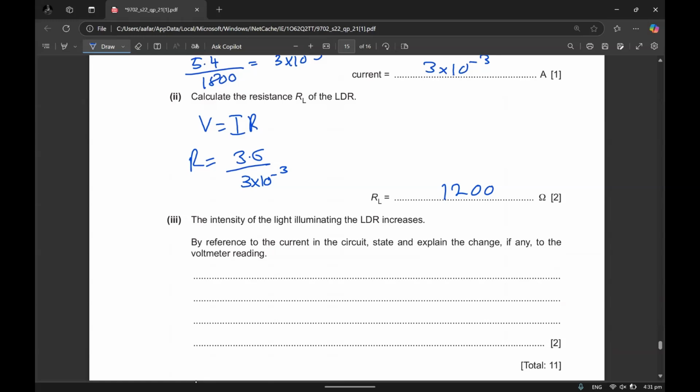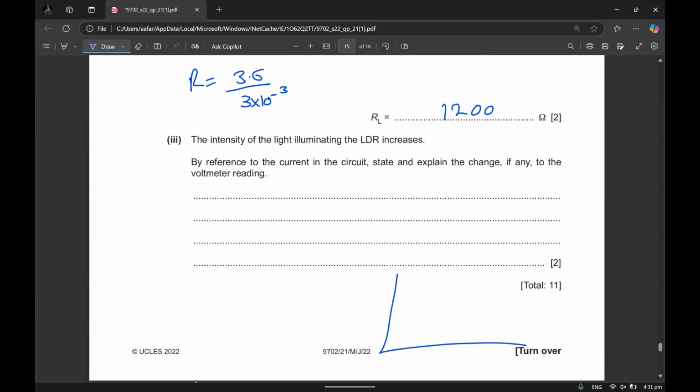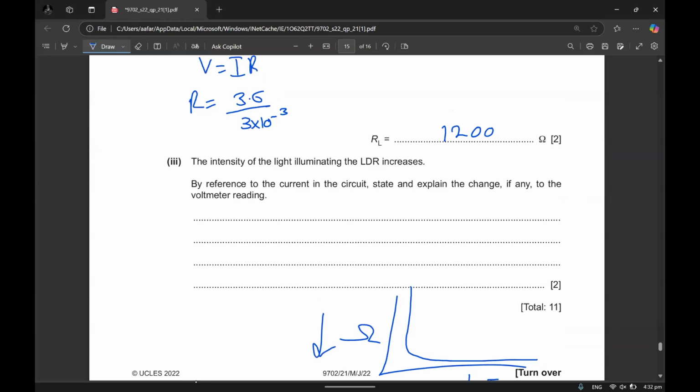The intensity of the light illuminating the LDR increases. State and explain the change, if any, to the voltmeter reading. Okay, this one is interesting. We know that the graph of resistance against light intensity is basically an inverse graph. So as light intensity increases, the resistance decreases.